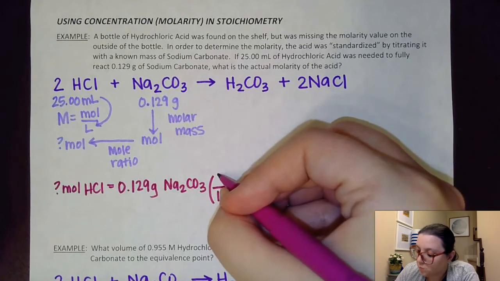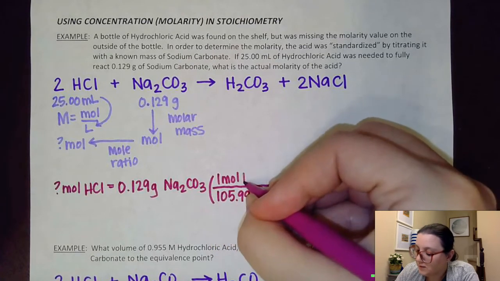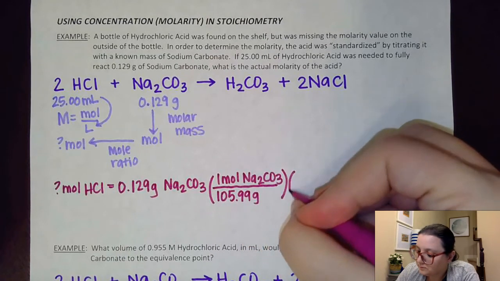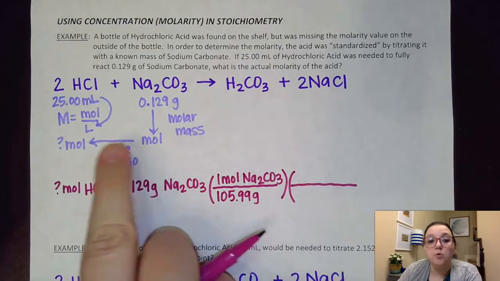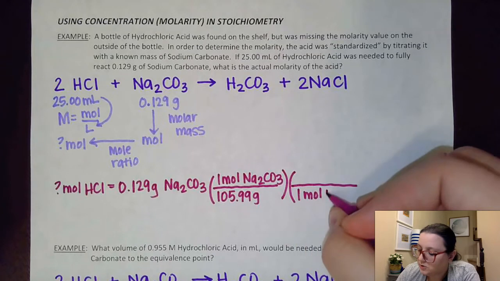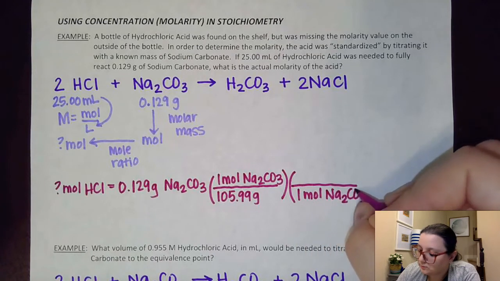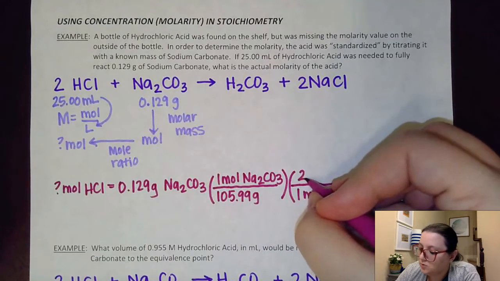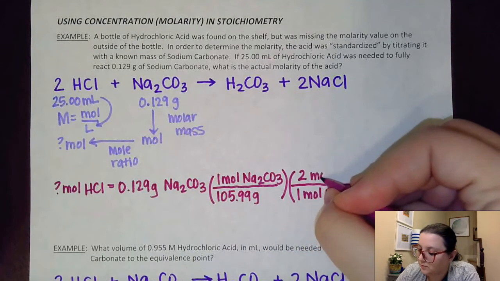And that would be for 1 mole of Na2CO3. And then I would need to do a mole-to-mole ratio: 1 mole of Na2CO3 for every 2 moles of HCl. Again, I'm utilizing those coefficients there.